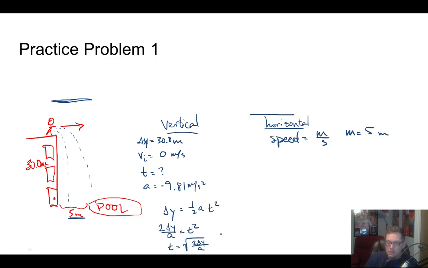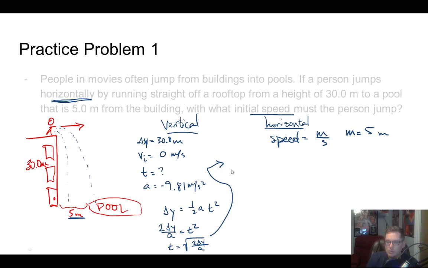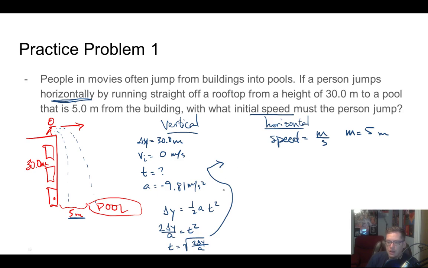All right, well, that's easy enough. So now we can take that guy. I'm just going to jump it up here, give me a little bit more room. So now we're going to plug in. I should probably bring up the words for this so we can reference it. All right, so t is equal to root 2 times our delta y, well, that's just 30, over our a, which is negative 9.81.